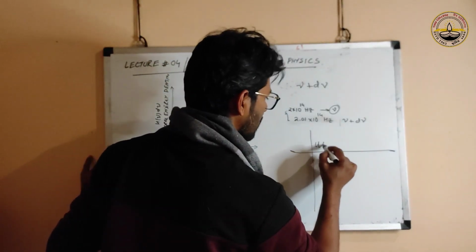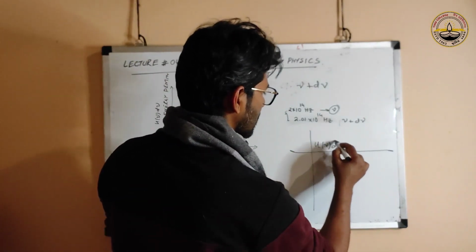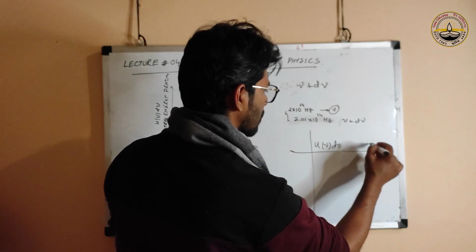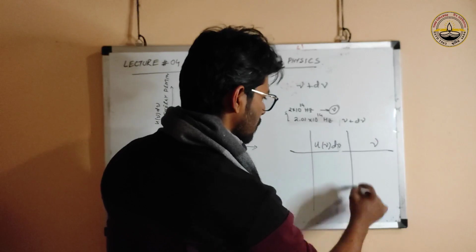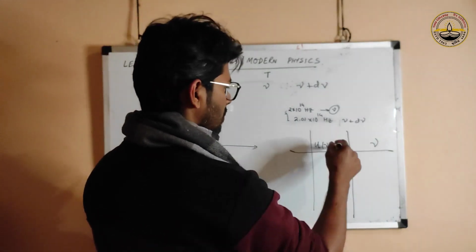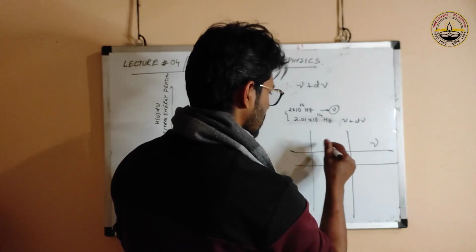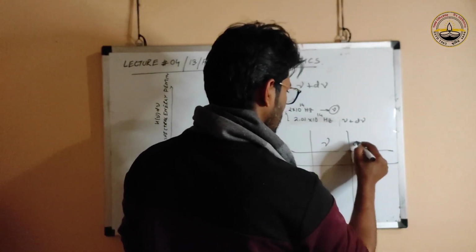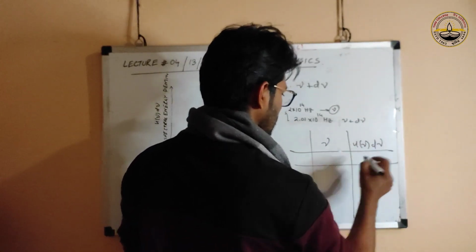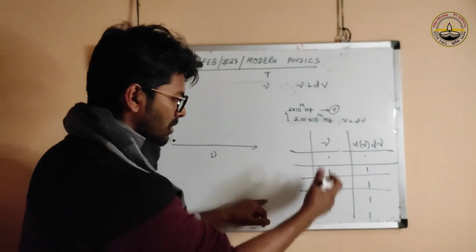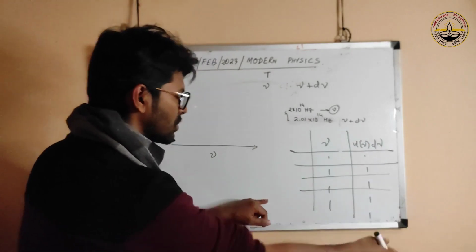So this will be our U nu d nu, and this will be our frequency nu, or the other way. We will have some data points for particular frequencies nu, with some U nu d nu.